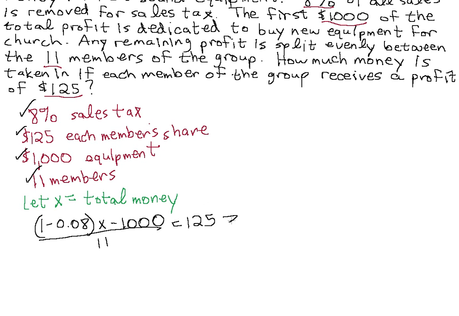Let's use our order of operations and start with the parentheses. 1 minus 0.08 is 0.92, times X, minus 1,000, divided by 11, and that equals 125.